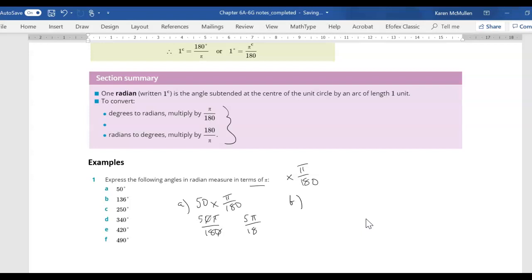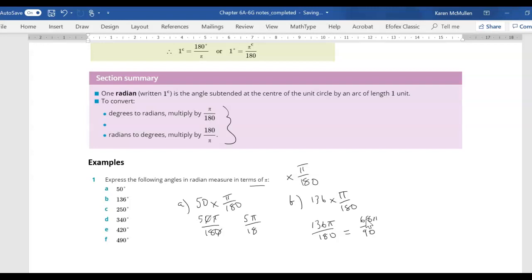All right, question B, 136 times pi on 180. Here we do need to think about, well, what's the highest common factor? I know 2 goes into both of them, so let's just halve them both, and that's going to be 90. 136 divided by 2, what's that? 68.